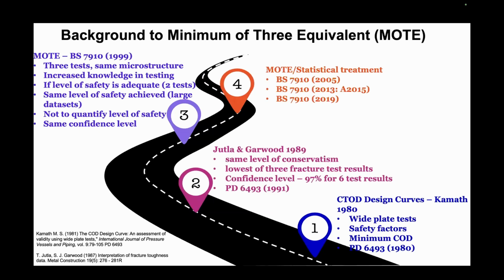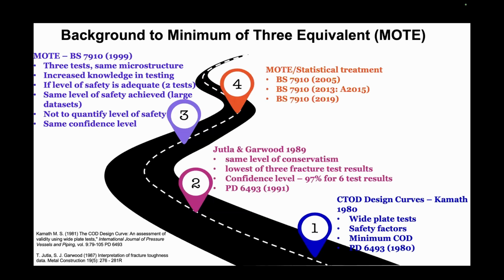This was then drafted into the first published document, PD 6493, in 1980. At that time, fracture mechanics was not very popular. People were still learning how to test materials, and some of the materials, especially ferritic steels, were still new in the industry.